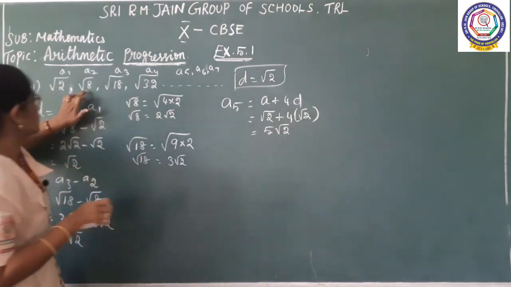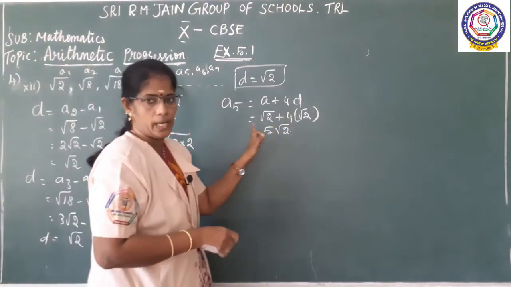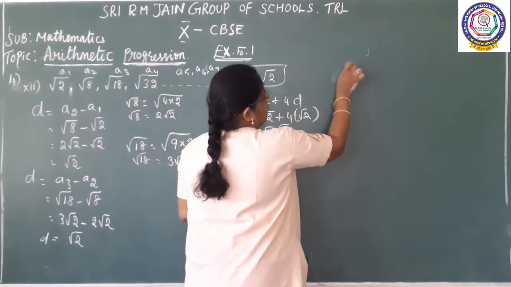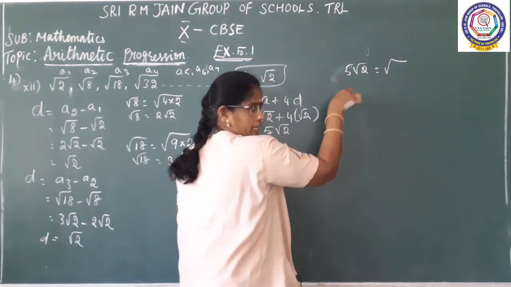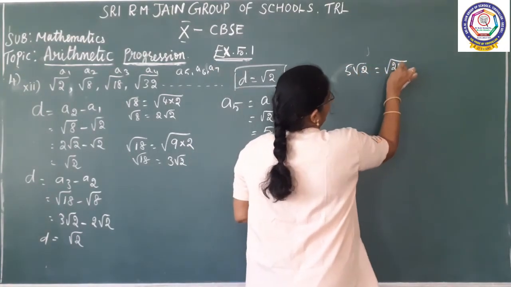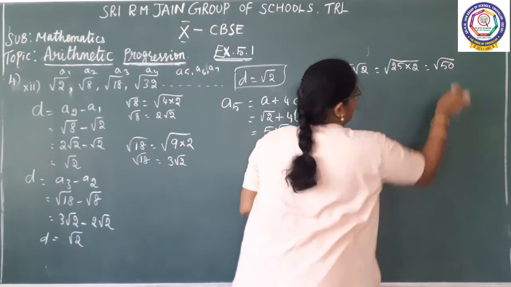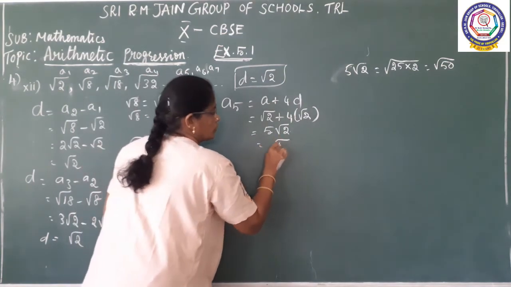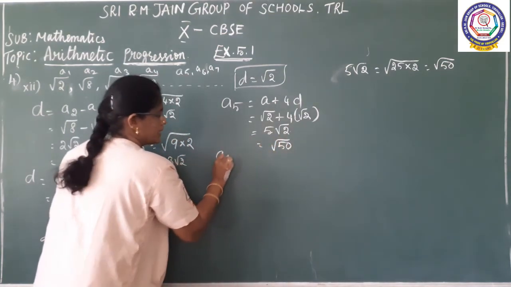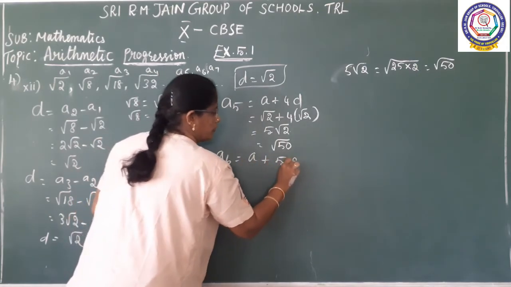But here the question is given as square root of 2, square root of 8, square root of 18. So this also can be written as 5 into square root of 2, that is square root of, if you take the square of this, 25 into 2. So square root of 50. So 5 root 2 can be written as square root of 50. Then A6 can be written as A plus 5D.